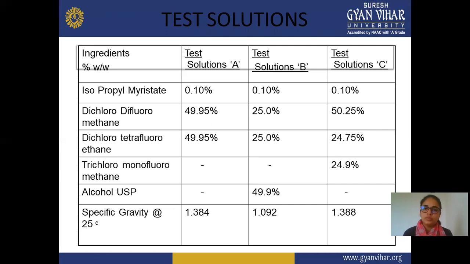Next is alcohol USP. Test solution A has no alcohol USP, test solution B contains 49.9%, and test solution C has none. Next is specific gravity at 25 degrees: test solution A is 1.384, test solution B is 1.092, and test solution C is 1.388.